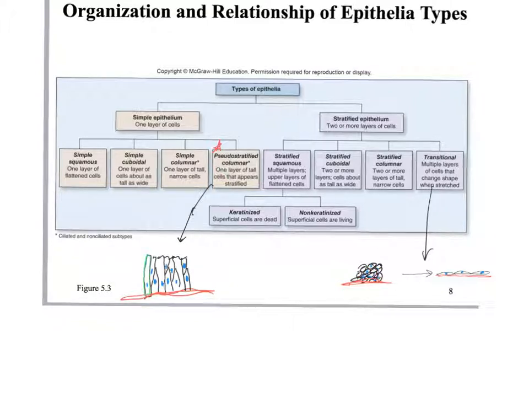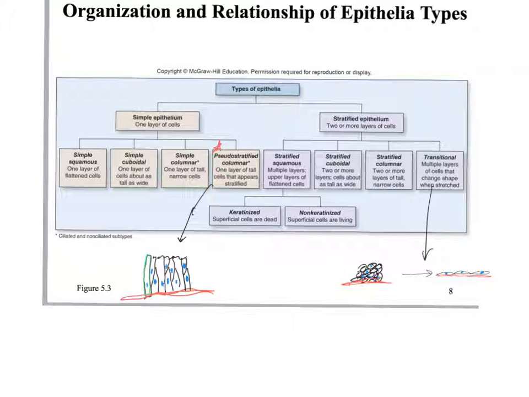The most outer layer is actually cells that are dead and they've been filled with a protein called keratin, okay? So the cells die off and the nucleus goes away and the cells are filled with keratin to help better protect the underlying tissue, okay?